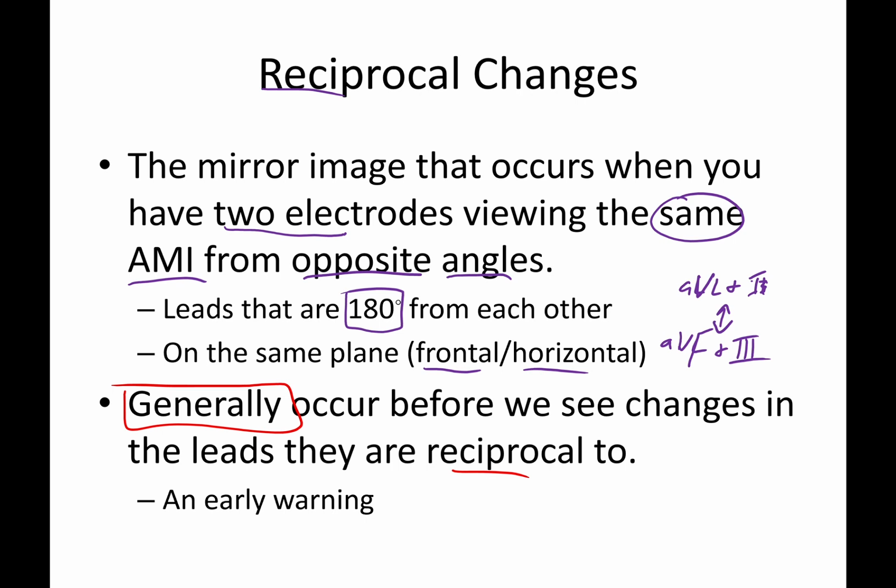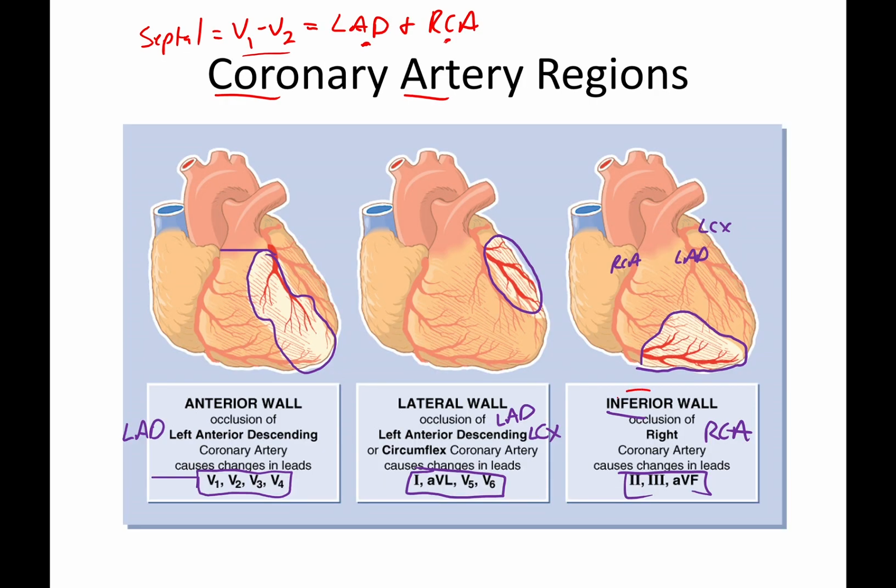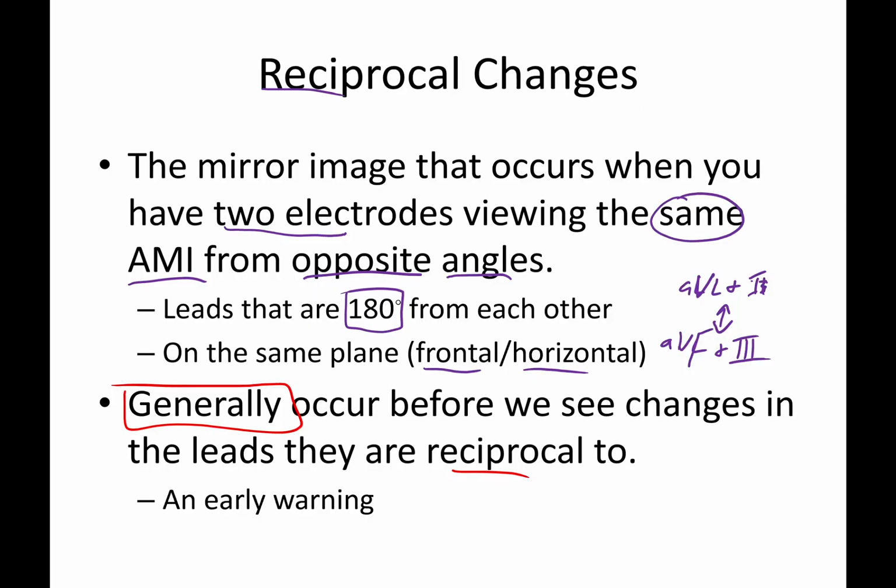And so the idea is this, that you may see, in an inferior MI, right, inferior wall, we're going to see changes in 2, 3, and AVF. So let's say ST elevation in 2, 3, AVF, right?